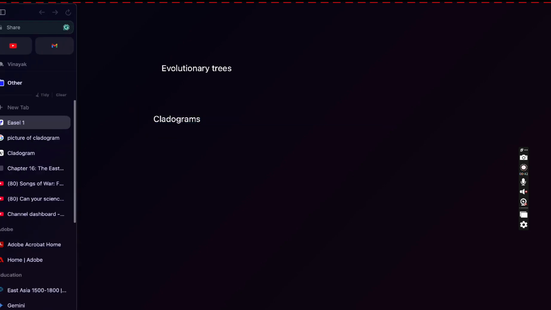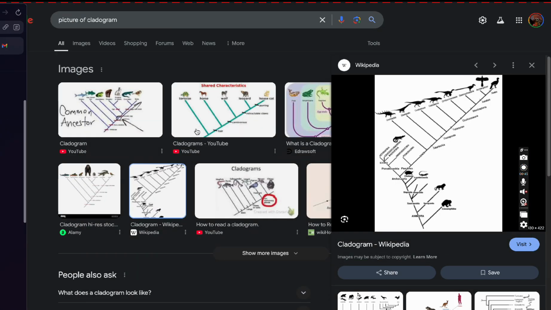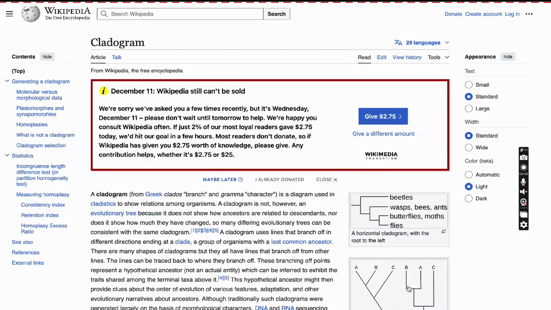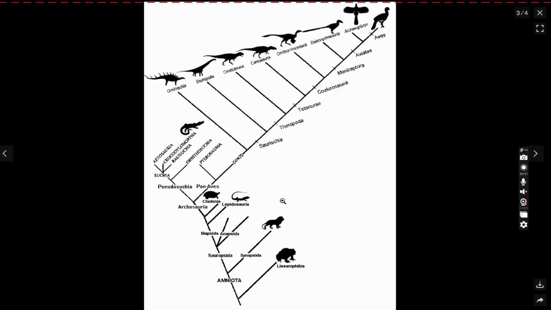Now, as we can see, this is a cladogram. This is a bit more of a complicated cladogram, so let's just start from this point. If we start from this point and it goes to the right, that means this is progressing in time.